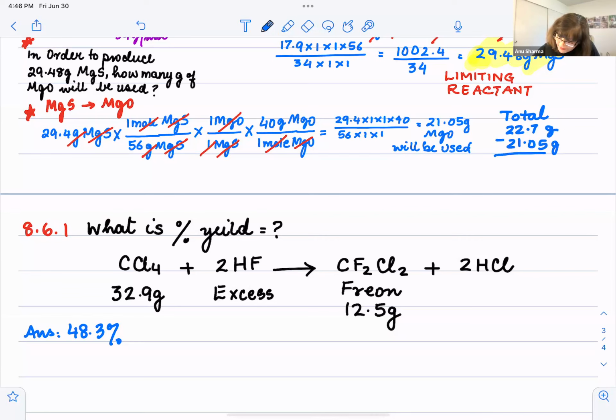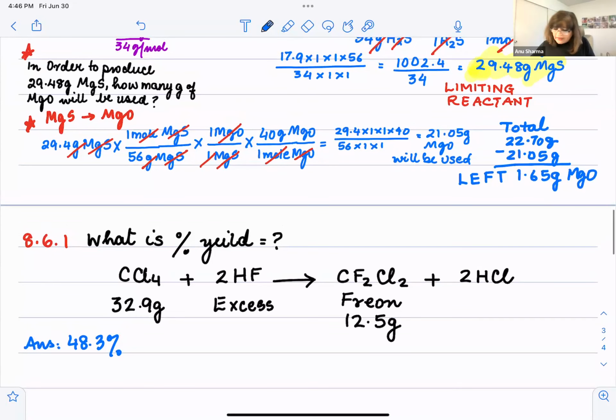So what is left? Let's make this 22.70 minus 21.05, and you get 1.65. 1.65 grams is left. And which is this? Magnesium oxide. Okay, so that is the answer. This is the leftover.